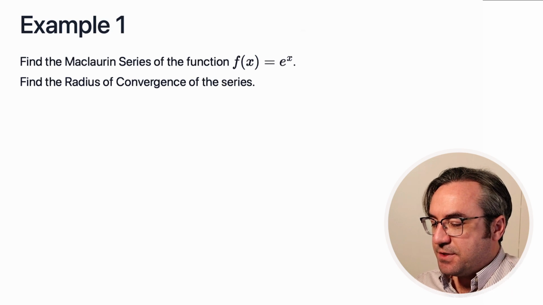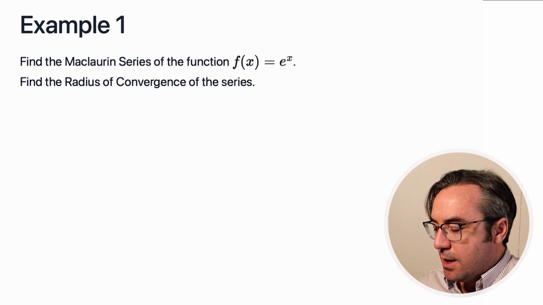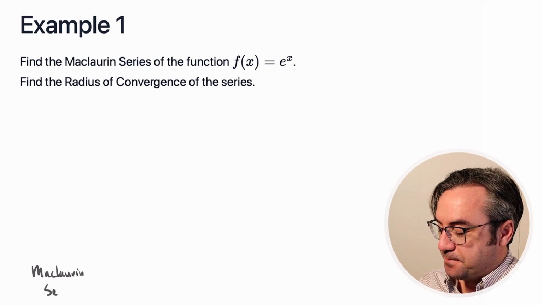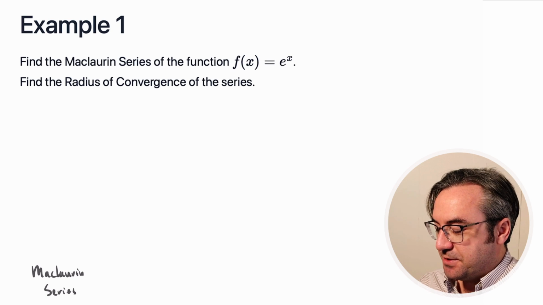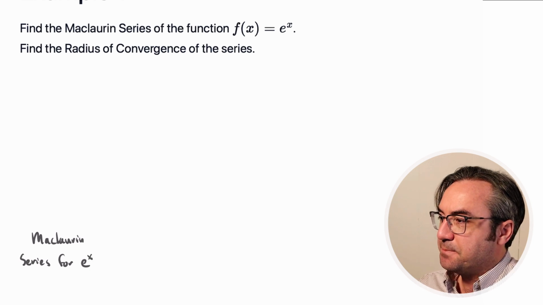Well, let's leave some space because we're going to do some work here. But let's write out what the general form is for the Maclaurin series. And this is just the Taylor series centered at a equals 0.